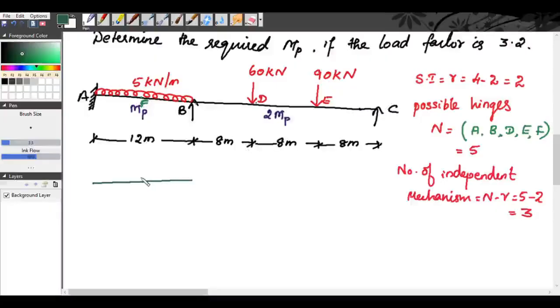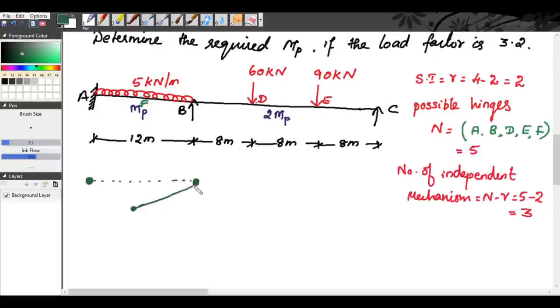So this is the beam, so there will be beam mechanism. So for the span AB, there is a hinge at A, hinge at B, then at the midpoint, you will have a hinge.